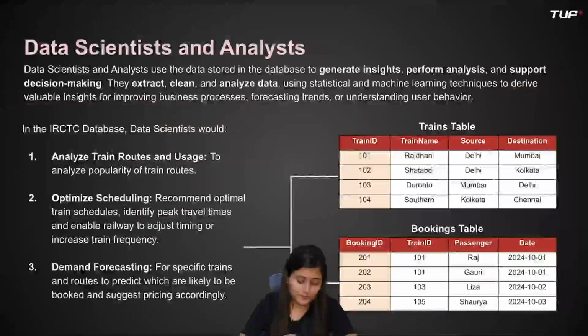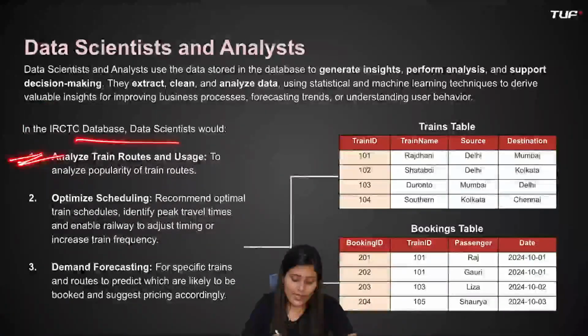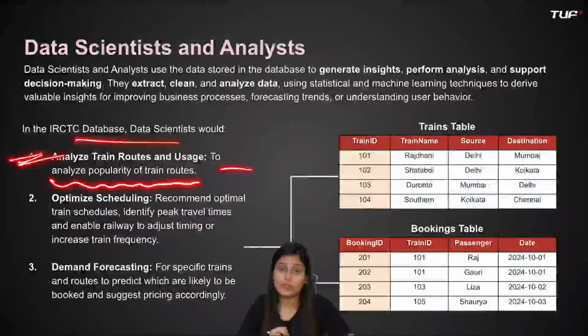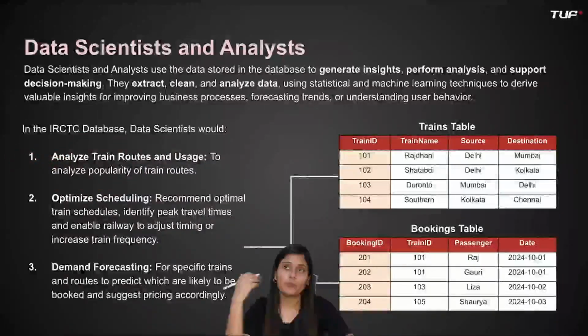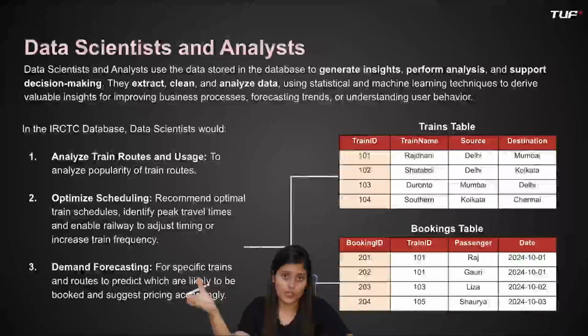Let's see how. Here they are responsible for analyzing train routes and usage, to analyze the popularity of train routes. For some routes, let's suppose Kota to Patna, that route is very busy, because Kota is very famous for IITians to study. After 10th or after 12th, students go there, and there is a lot of traffic.